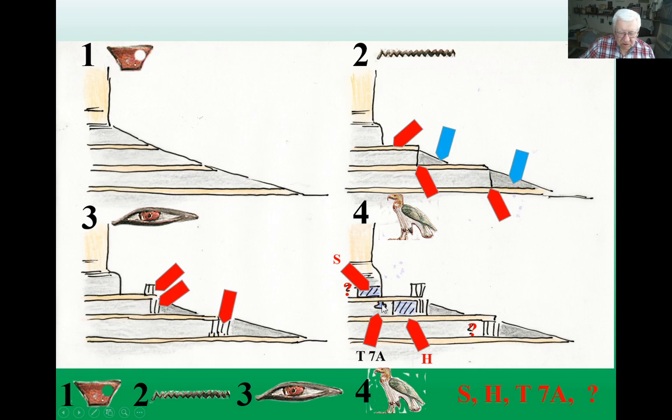A similar situation we have with tomb T78, so it's marked like this. And a similar situation we have in the Hathor chapel, probably in part in the Amun chapel and in others.